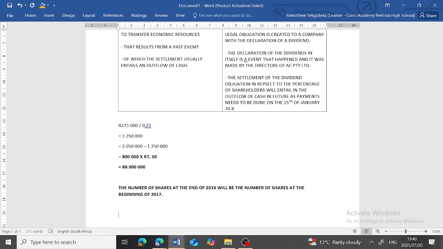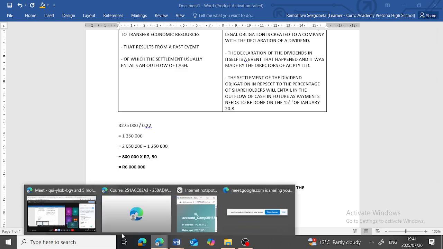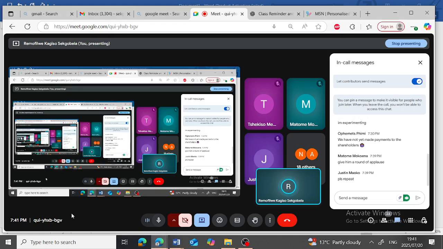So when you say the value of the dividends declared, the final distribution, is 275,000, you're going to divide that amount by the percentage, which is 22%, to get the number of shares that were in issue at the end of 2016, which is 1,250,000. So what was in issue at the end of 2016 will be in issue at the beginning of 2017. Can we all agree there?